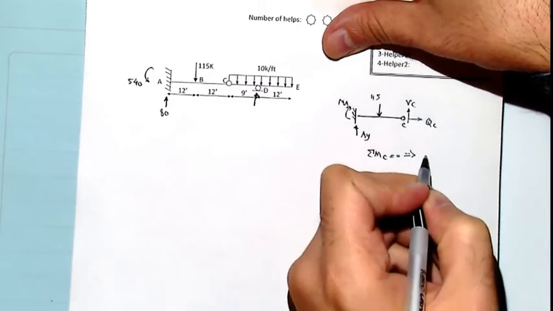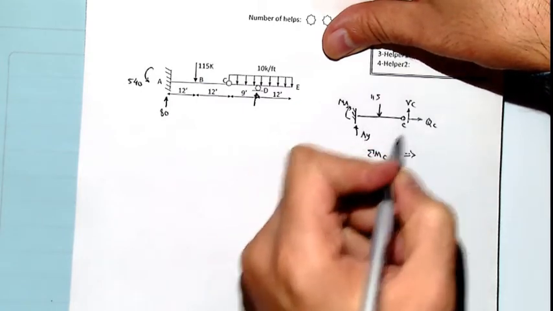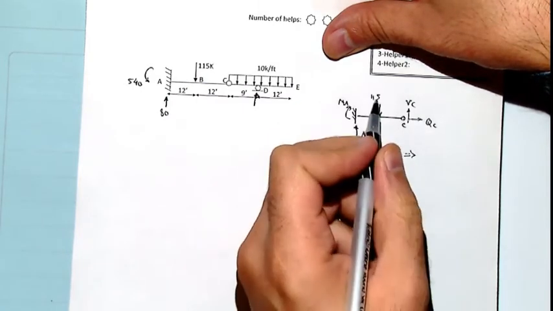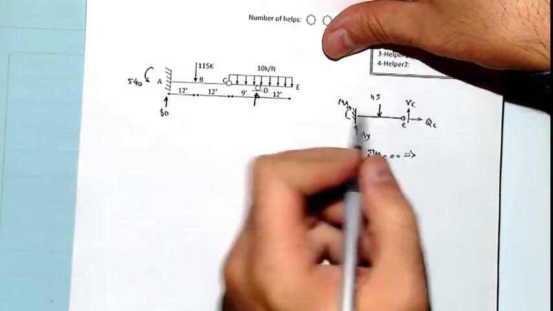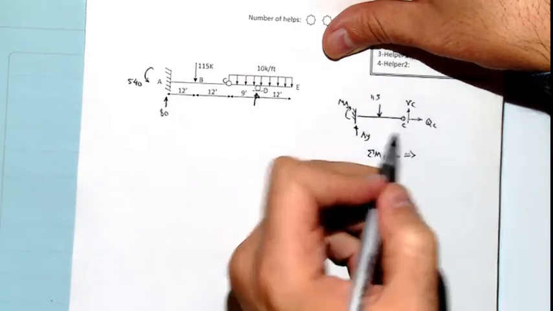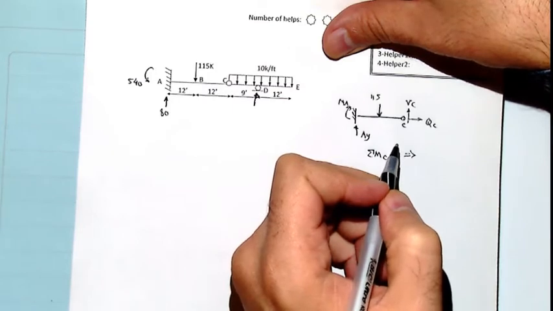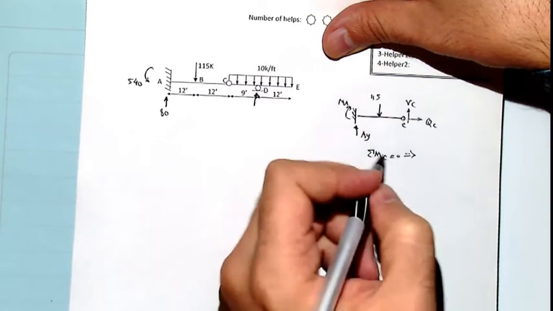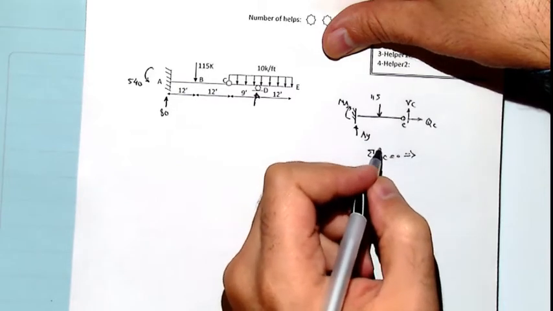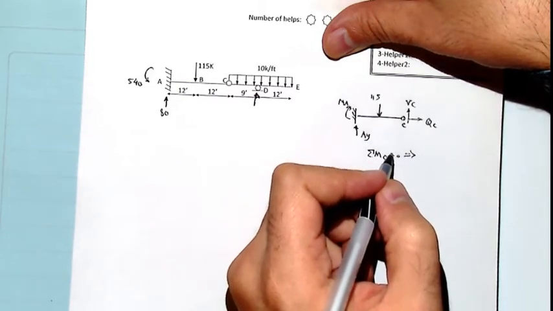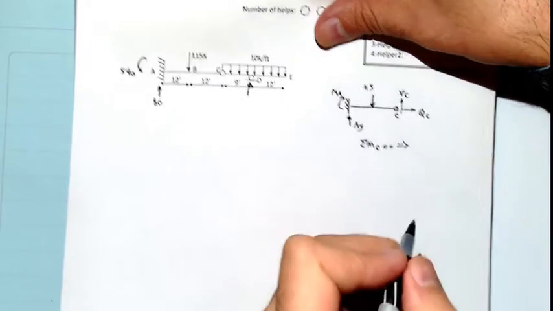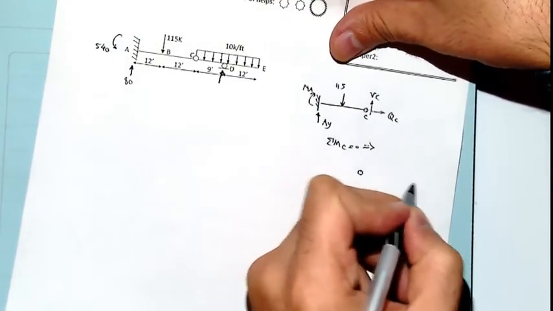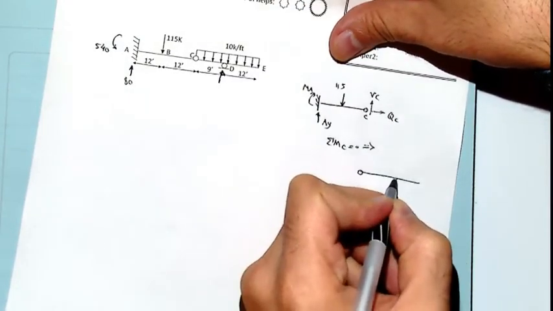So from here we're going to say AY multiplied by arm, this force multiplied by arm, plus MA equals 0, and it helps to write one equation for this. On the other side, the right side is going to give us another equation.